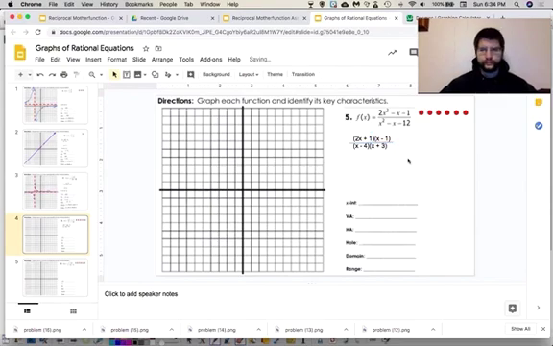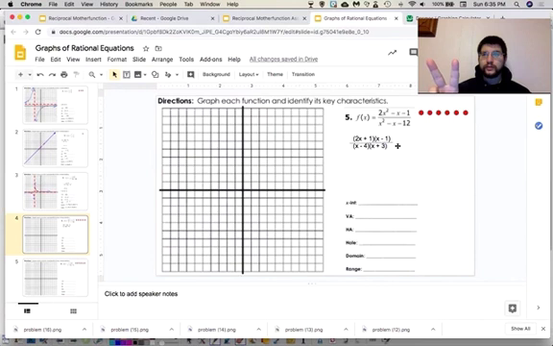There. So I'm looking, nothing's canceling here, people. Okay, so that is simplified. You have to make sure you factor it first to make sure nothing cancels though. So that means I've got 2 vertical asymptotes.